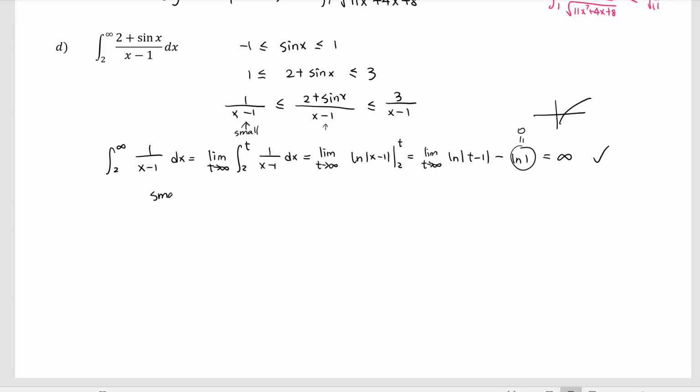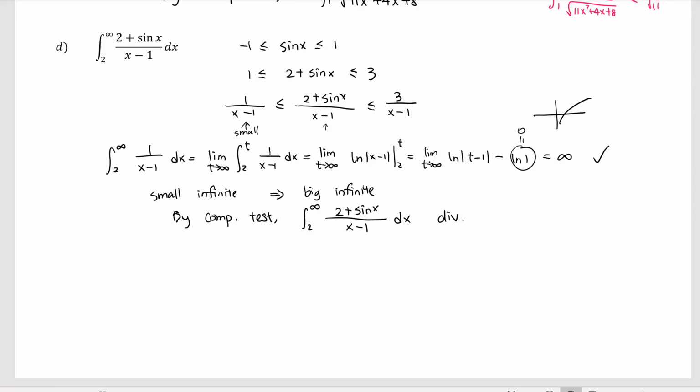The small guy is infinite, then we know the big guy is also infinite. So we can say by the comparison test, our integral of 2 cosine x over x minus 1 dx also diverges.